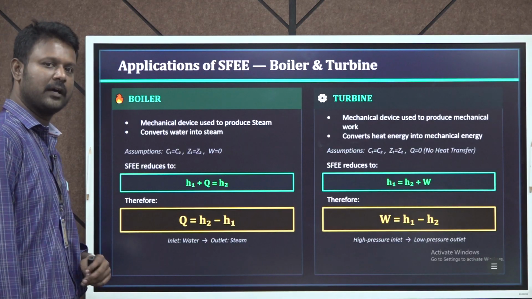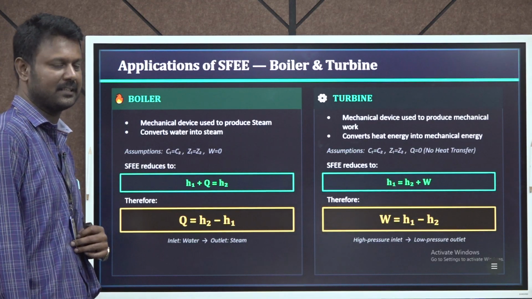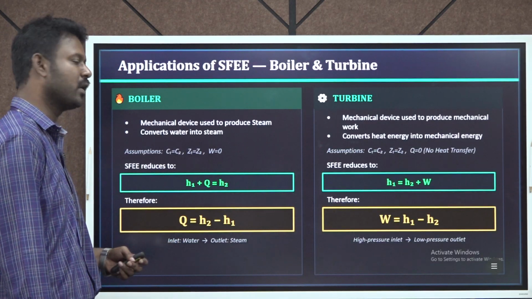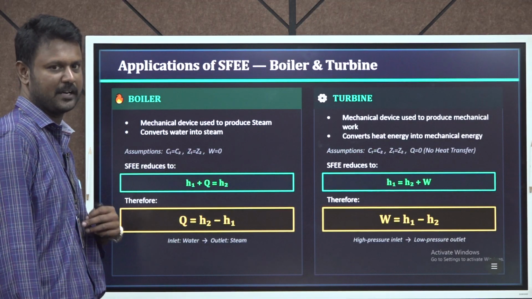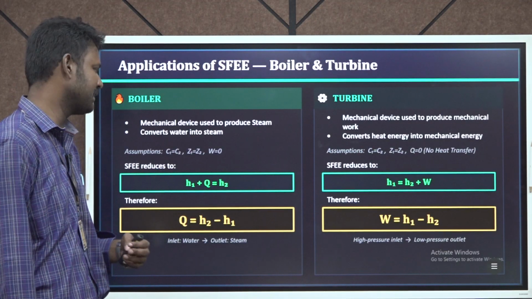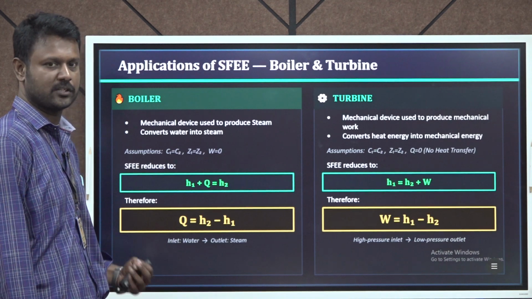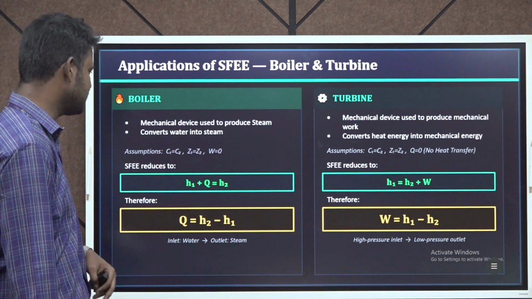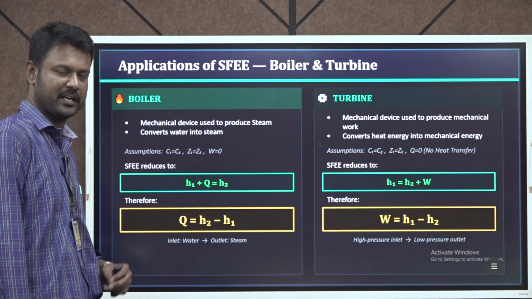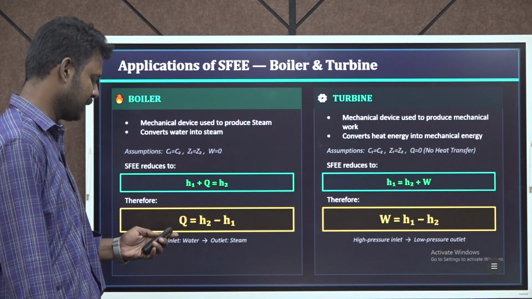Here we won't consider the velocity of the moving water. We will assume that both elevations are the same, that is Z1 equals Z2, and there is no work transfer. So the steady flow energy equation gets reduced.